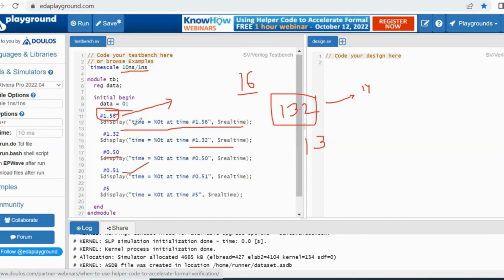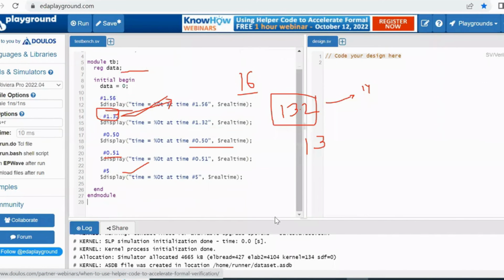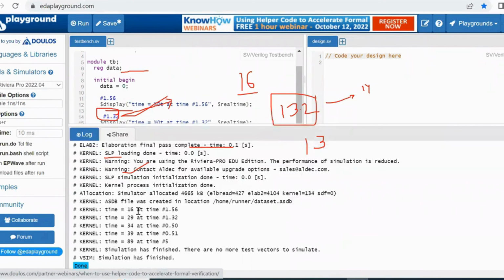Okay, this is how we can get the output delay value. Suppose here 16 plus 13 is 29. Next 29 plus 5. Like that we'll get the output. See here, at time 16 the first statement displays 1.56.